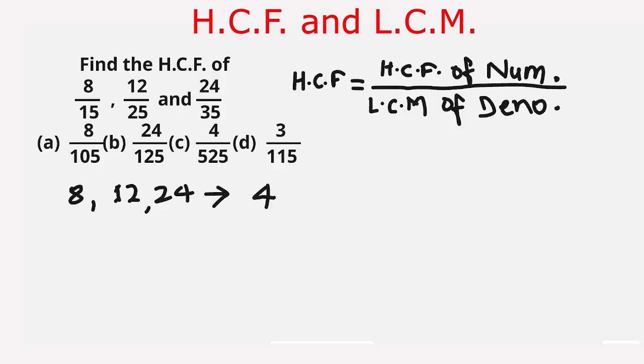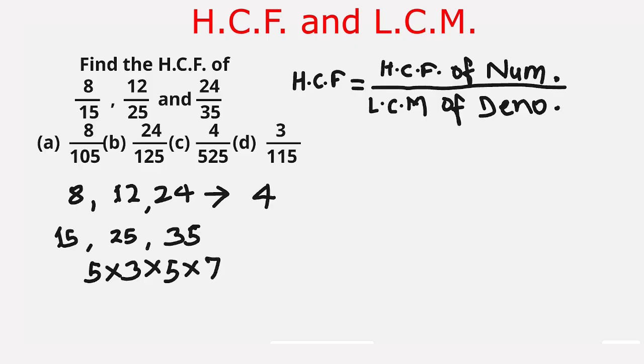Now we have to find the LCM of 15, 25 and 35. 5 is common in all the three numbers. If we divide these three numbers by 5, we get 3, 5 and 7.